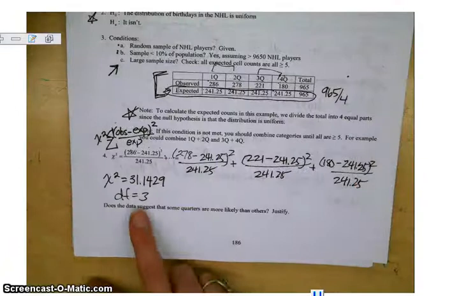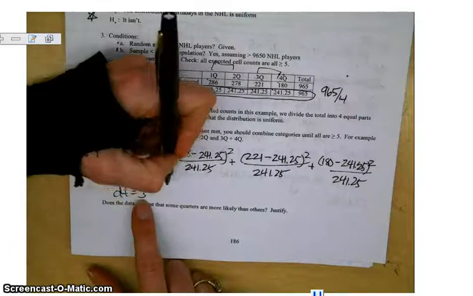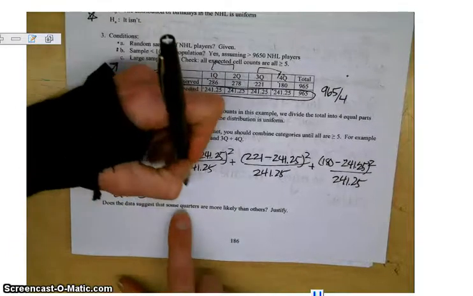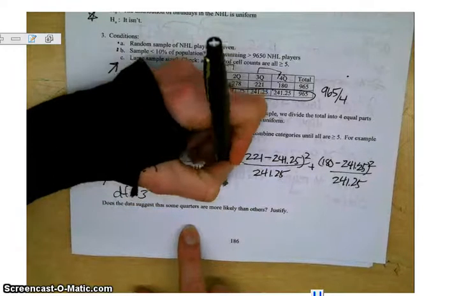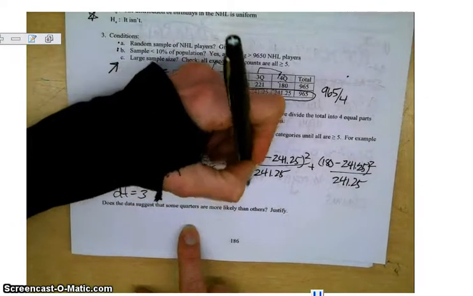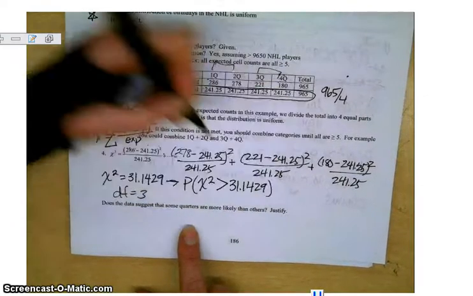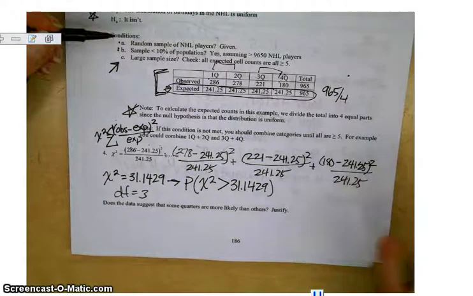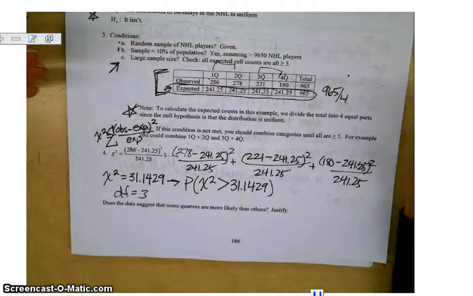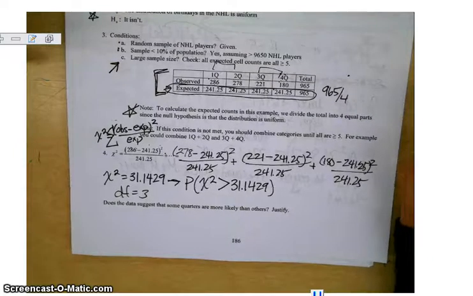And what we're looking for, once we have the chi-square value, is the probability that our chi-squared value is greater than 31.1429. Now, you don't even need to write that kind of thing down, but that's what you're finding. You need to find out what's your p-value.